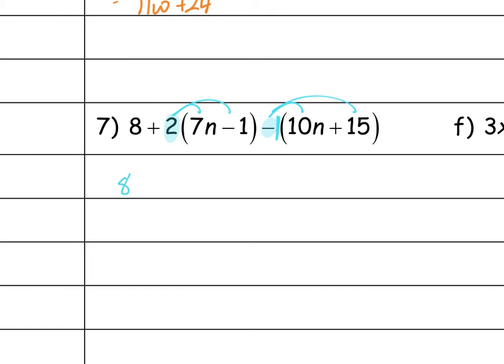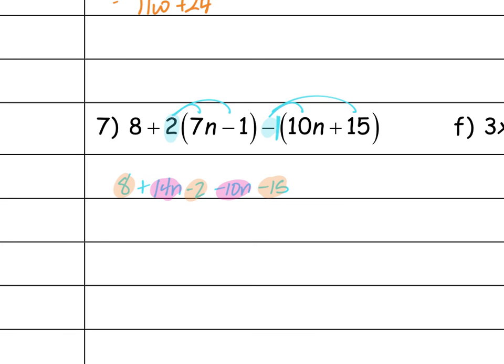So I've got 8 plus 14n minus 2 minus 10n minus 15. So my like terms here, let's see, I've got 14n and negative 10n, and then I've got 8, -2, and negative 15.